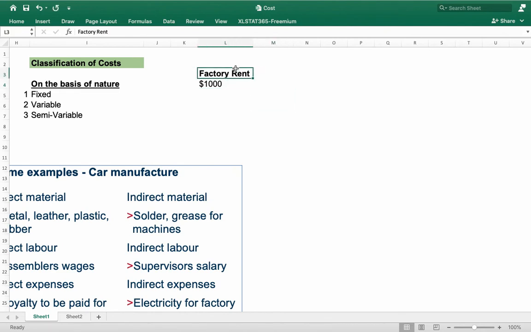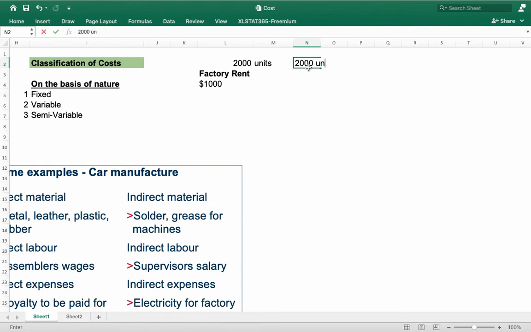Let me give you an example. Suppose the capacity of the factory I took on rental basis is only 2000 units at a time. Now I want to produce 2000 units more.